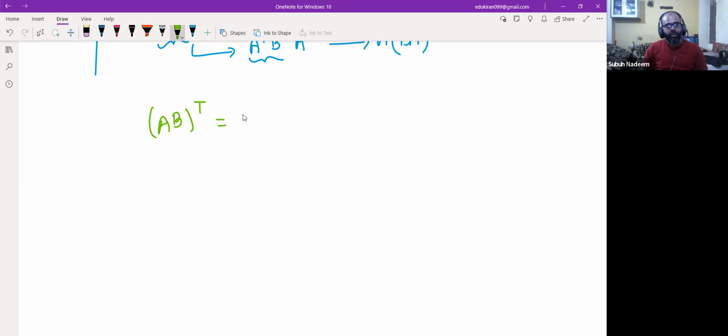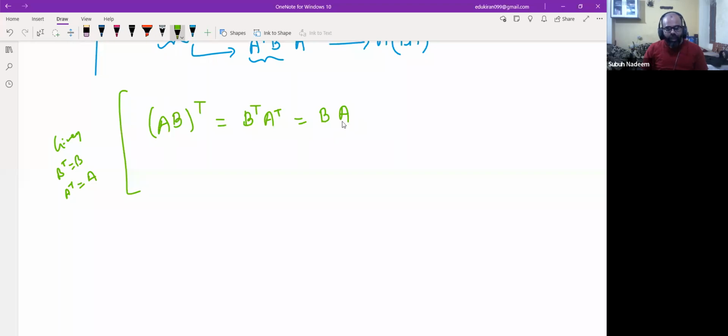So we find AB transpose, it will become B transpose into A transpose. And then we can write B transpose as B, A transpose as A, because B and A are symmetric, given to us. It is given that B transpose is equal to B, A transpose is equal to A. So this is how we write it.